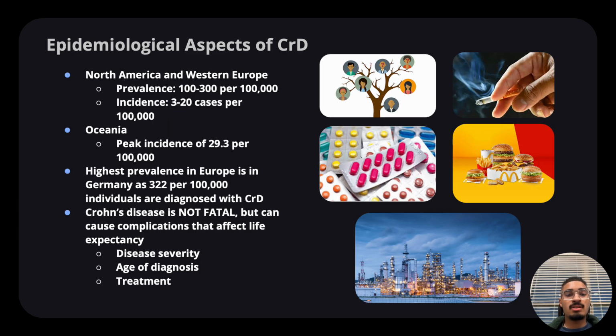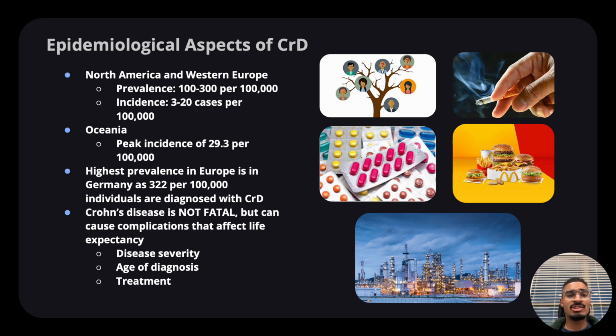Other studies have done research into the prevalence and incidence of Crohn's disease around the world. For instance, North America and Western Europe have a prevalence of about 100 to 300 people per 100,000, whereas they have an incidence of 3 to 20 cases per 100,000. Whereas Oceania, similar to that map, has a peak incidence of 29.3 per 100,000.